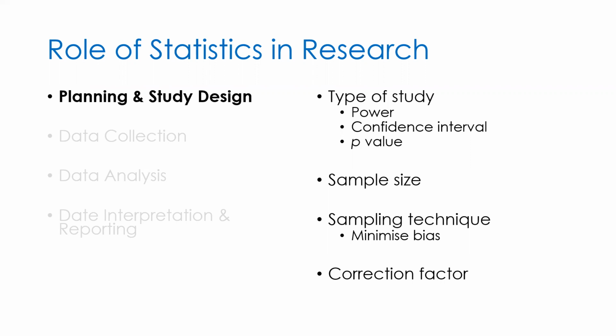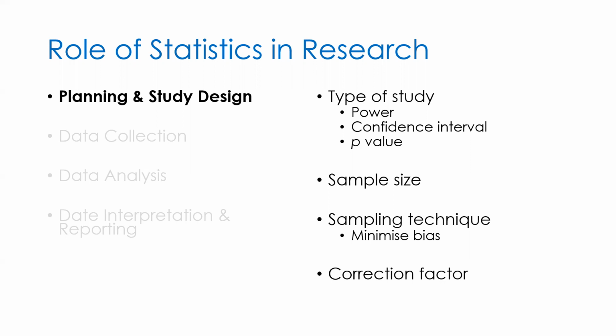It can be cumbersome trying to do some of this on your own, especially if you are doing research that is not just a very simple kind of research. The kind of sampling technique you are going to choose will also depend on the type of study, because the main aim of the sampling technique is that you want to minimize bias.